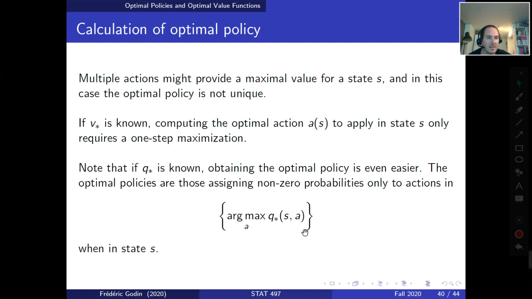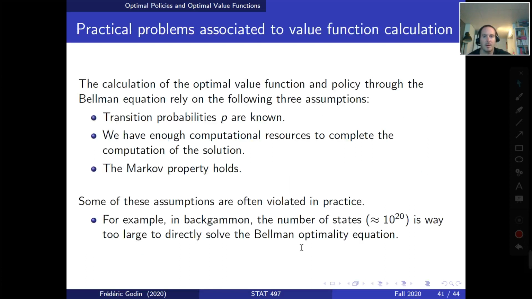Q star is the value of each respective action in the state S. So to know the optimal action in the state S, we just have to maximize this action value function in that state across all possible actions A. So if we know Q star, knowing the optimal action in each state is pretty straightforward. This looks nice.